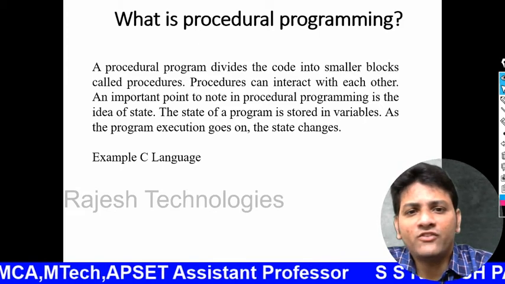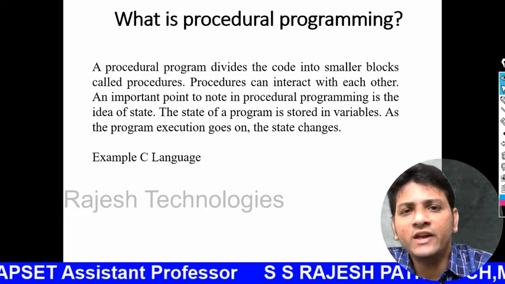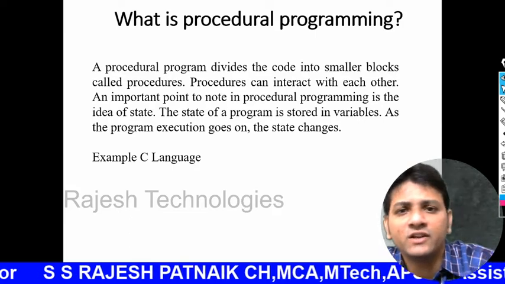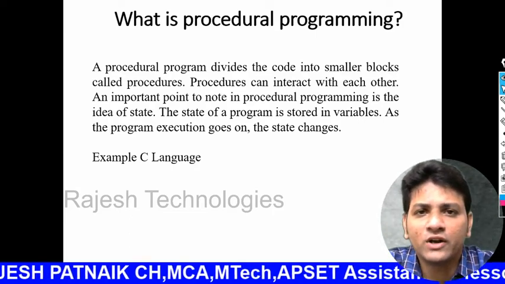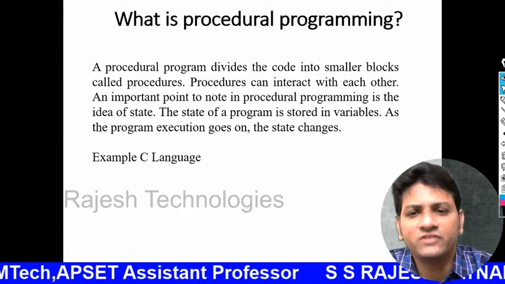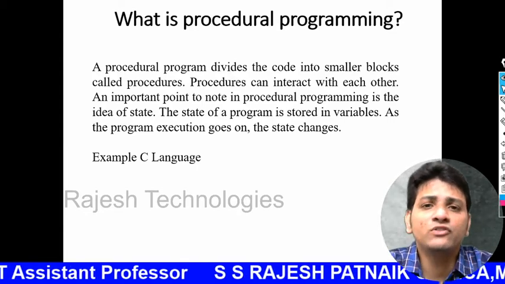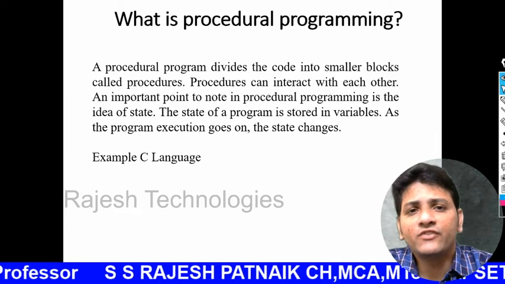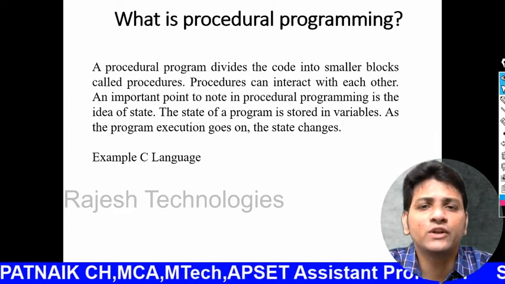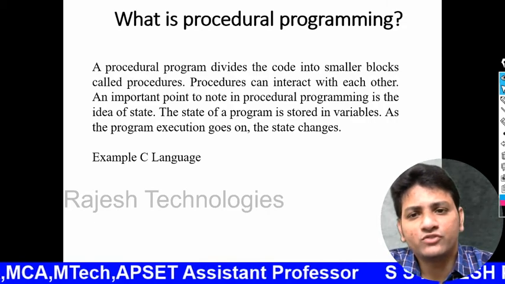Various functions are used to develop a particular application in a procedure oriented programming language. The example for procedural programming is C language. We can also say C refers to POPs, procedure oriented programming approaches.